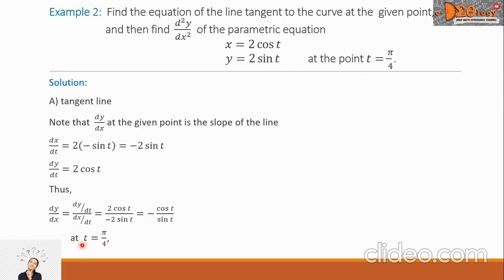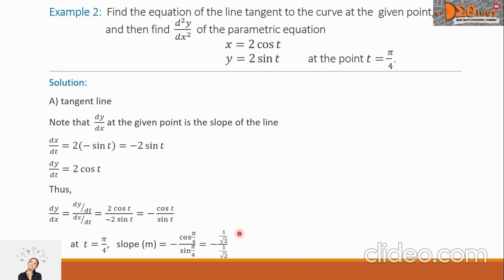Now, at t equal to pi over 4, let us substitute this value of t in here. By then, we can get the slope. So the slope is equal to the negative of cosine pi over 4 all over sine of pi over 4.